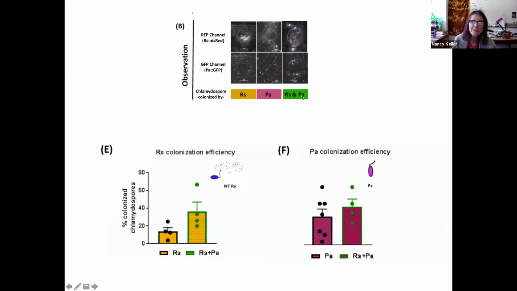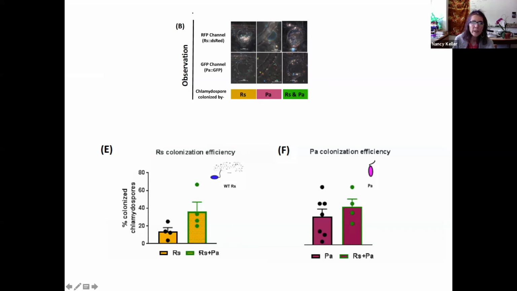And what we find is they both go inside. She did note that when they were introduced together, it would change the ratio of how much of each bacterium. So here we have a situation in E where we just had the fungus and Ralstonia, and she waited a certain time period and found about 15% of the chlamydospores were colonized.